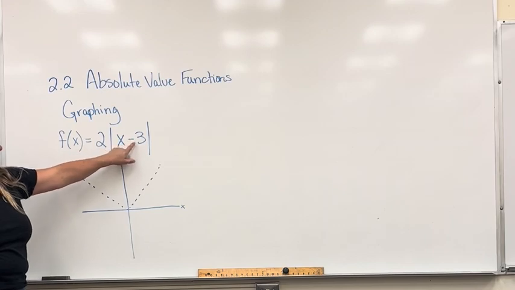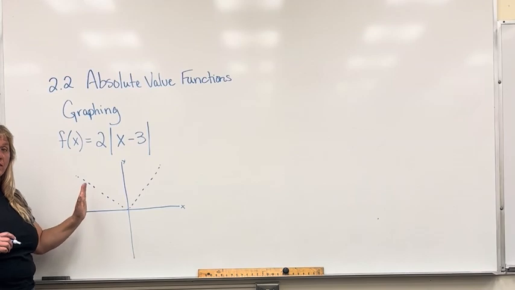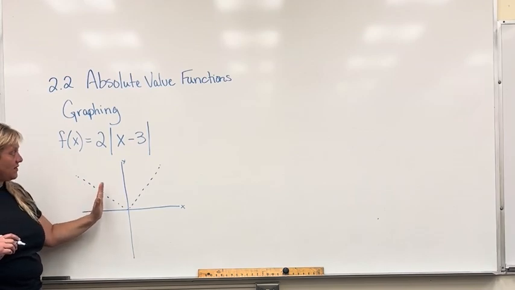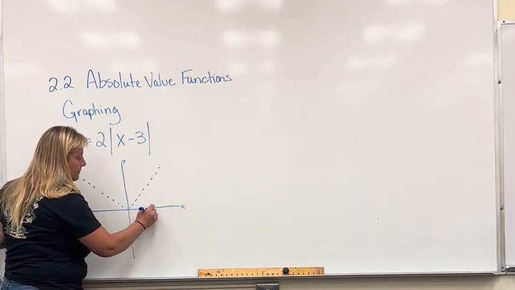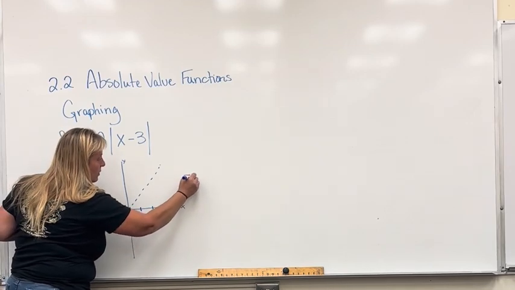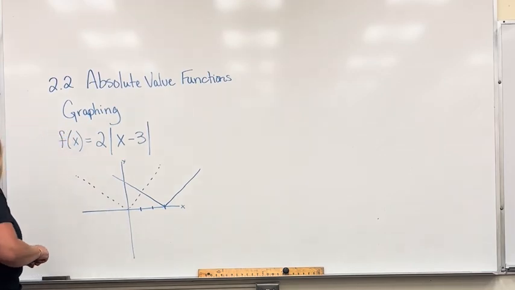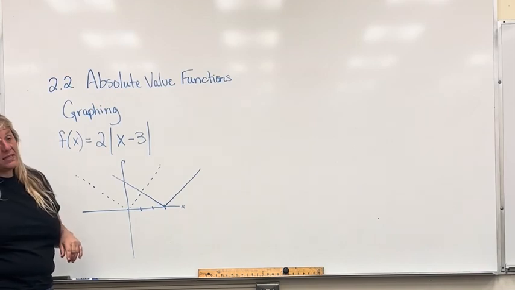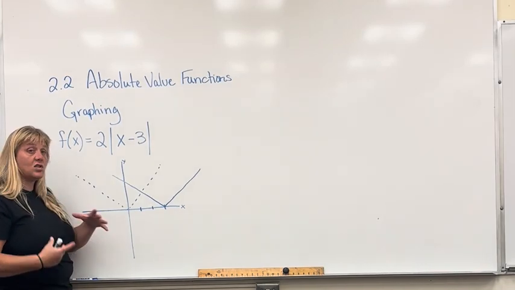This negative 3 in with the x in the absolute value is going to be our horizontal shift, but it's actually going to shift us not negative 3 this way, but negative 3, so in the positive direction. This is the one that works backwards. So we'll say like there. Okay, and then we know we've got a graph now that's out here, but this 2 out here is going to give us that vertical stretch or shrink.